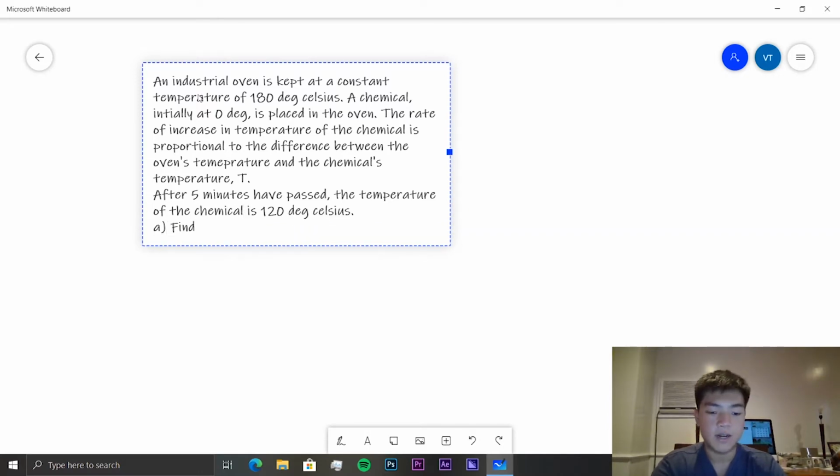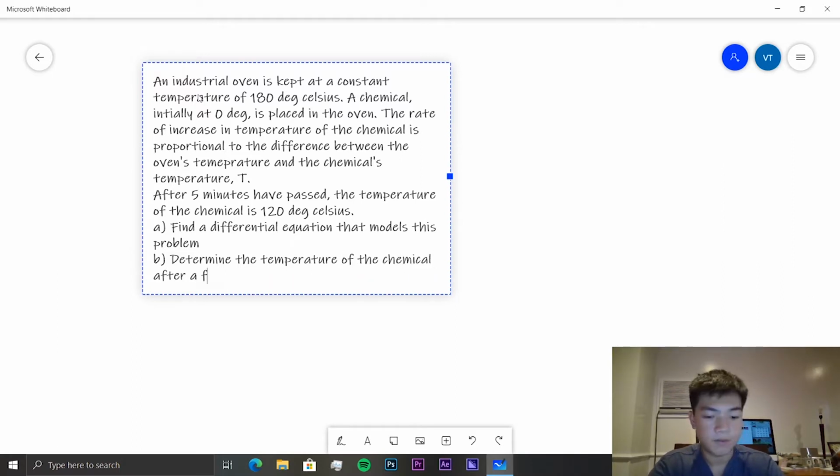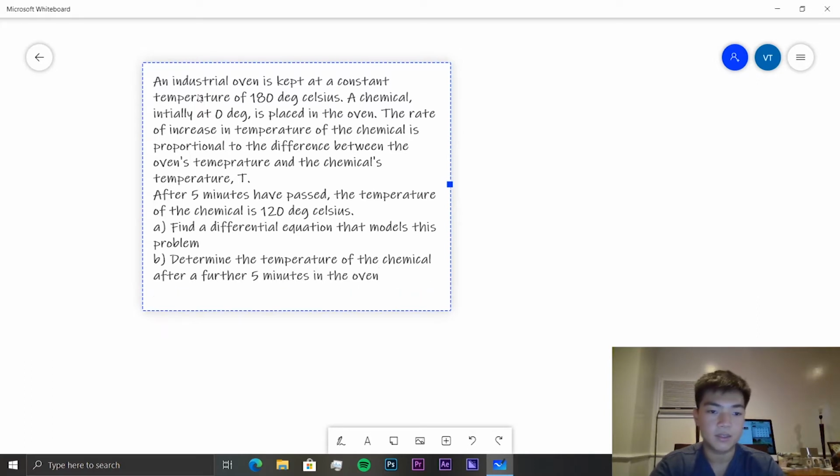First, find a differential equation that models this problem. Secondly, determine the temperature of the chemical after a further 5 minutes in the oven.